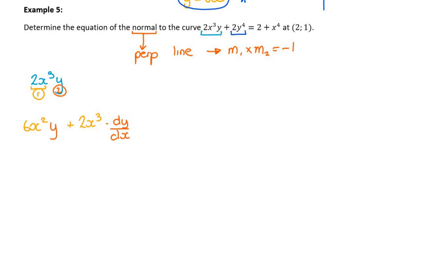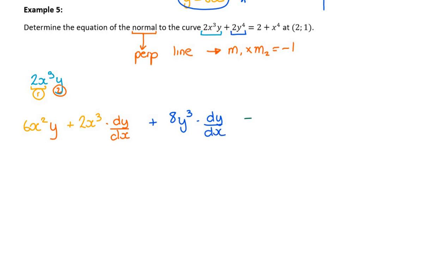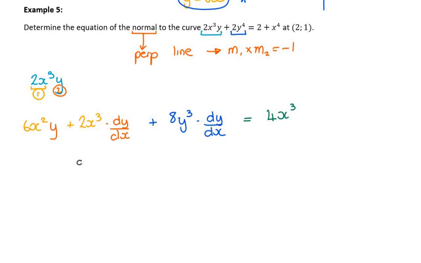This second term is a chain rule, because I'm going to bring down the 4, so it's 8y cubed, but multiply by the derivative of my inside function. And then the derivative of 2 is nothing, and the derivative of x to the power of 4 is 4x cubed. So if I isolate dy dx, and sometimes I start to get really lazy and do multiple steps in once, which is absolutely fine in AP Maths.